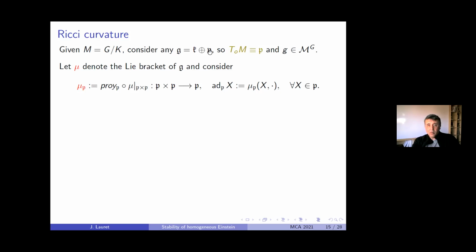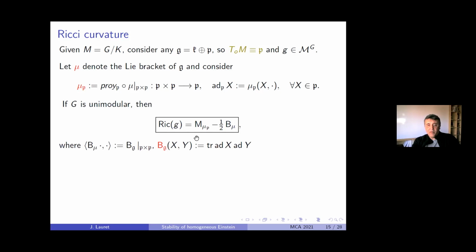Now this p is the tangent space of M at the origin point, the class of the identity, and take a G-invariant metric. Denote by mu the Lie bracket of the Lie algebra g, and restrict and project mu on p. So you now have a bracket, a bilinear skew-symmetric form on p with values in p.